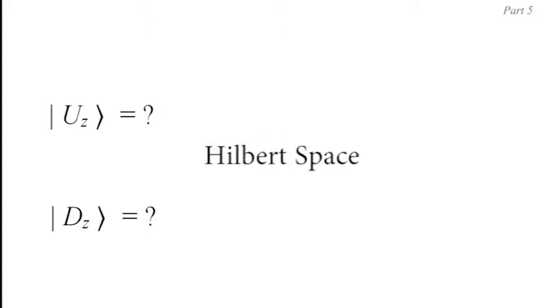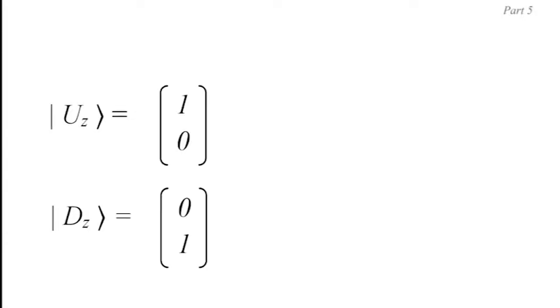So we're going to use a column vector, or if you like, a column of numbers to denote the state that the spin is in. The numbers will tell us whether the spin is up or down in the Z direction. These two vectors in this imaginary Hilbert space will be written like this. The state which has the spin pointing up in the Z direction will be written as 1, 0.